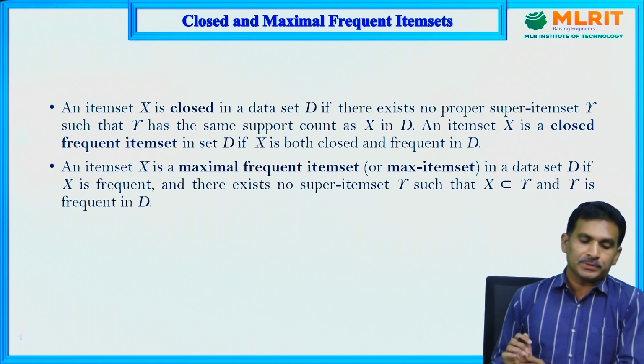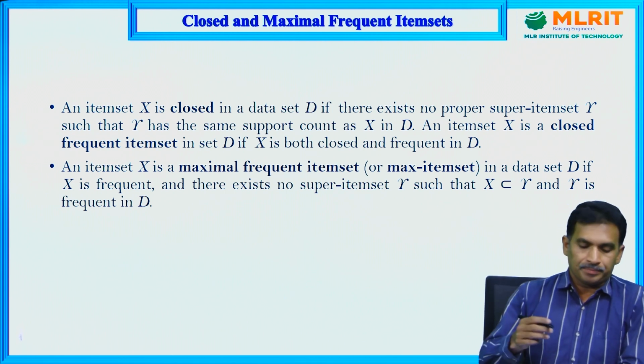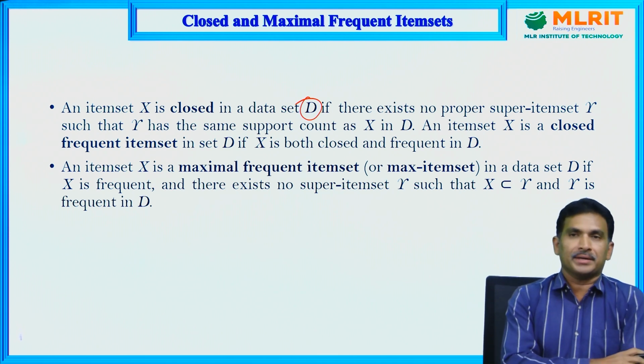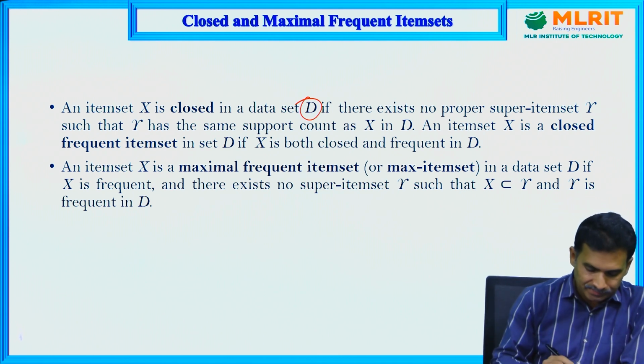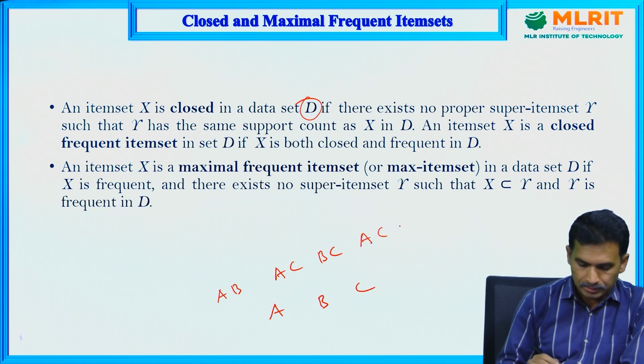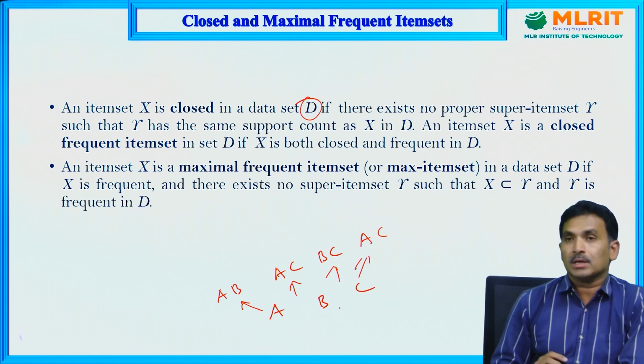An item set is closed in the data set D if there exists no proper super item set. Super item set means, for example, if you take A, B, C, then AB, AC, BC are the super item sets we could generate from these sub item sets.